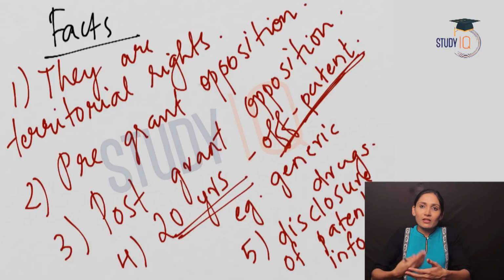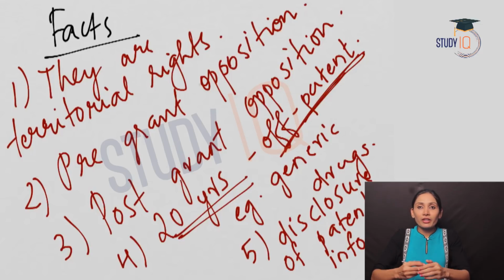So, why is this done? In order to increase the transparency, and the general public will be aware of the product they are using or the drug they are consuming. So they will be aware of what the composition is, what is the technicality behind it, or what is the invention. So general public will become more aware of the product, and it increases the transparency also.